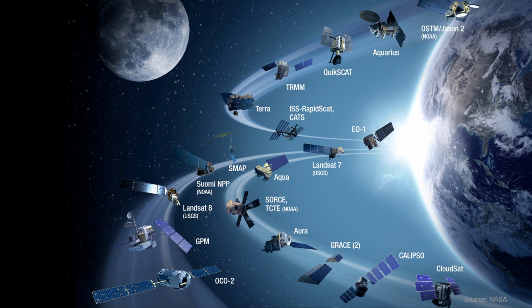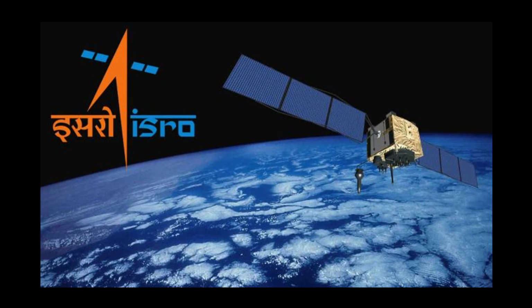There's a lot of data out there, and we have all gone through downloading each image from USGS Earth Explorer, downloading them and processing, and it takes an enormous amount of hardware and software capability and time to do so. There have been satellites from the Indian Space Agency, from the US, and that requires a lot of computational power.